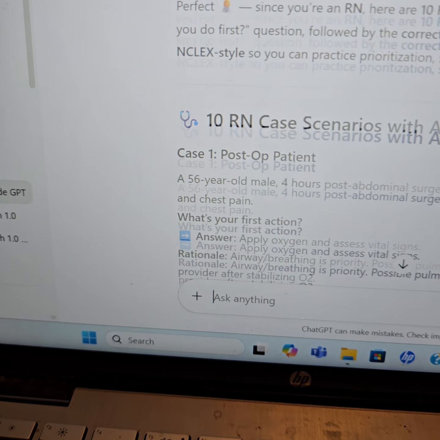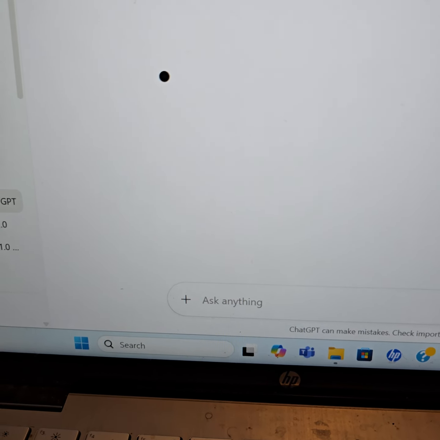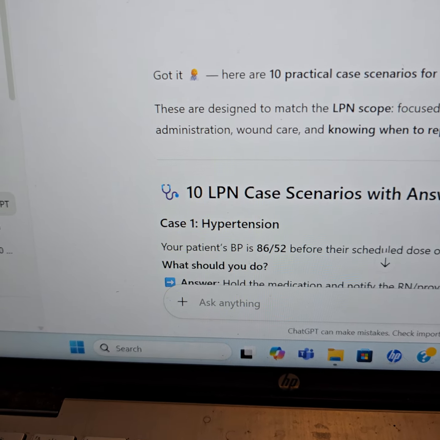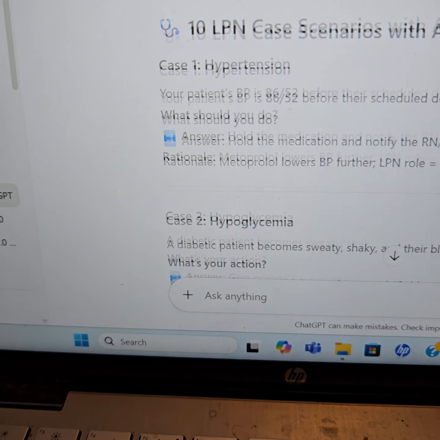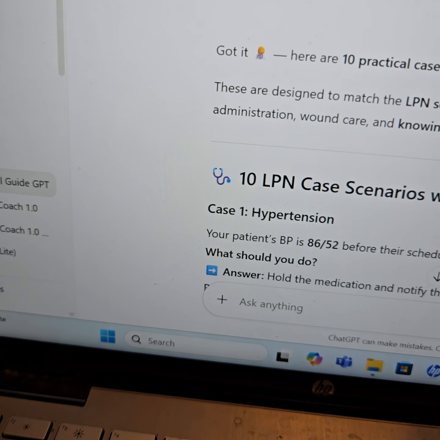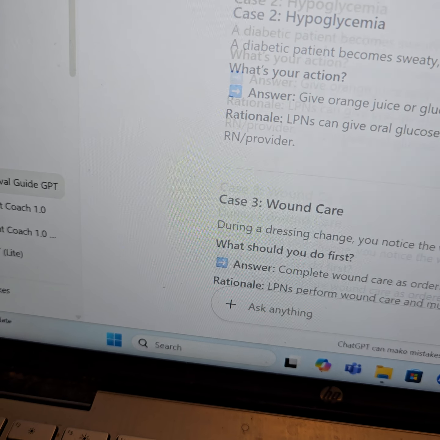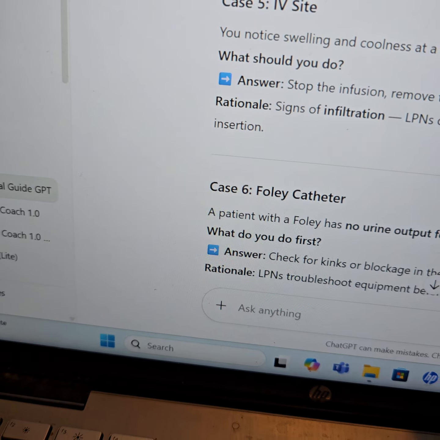Let's do an LPN case scenario so you guys can get a side-by-side comparison of what an LPN would look like. So LPN case studies, right? Again, this is LPN: hypertension, hypoglycemia, wound care management, IV site, catheter.